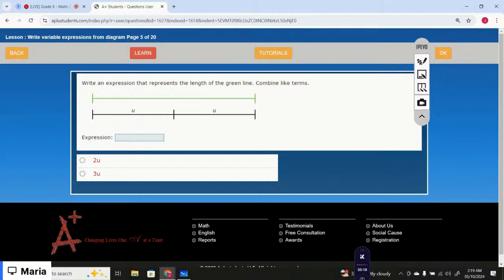Write an expression that represents the length of the green line. So combine like terms. Which is the correct option? That is 2U. Okay, you can complete the lesson by yourself later today. Let me just move on to the next lesson.